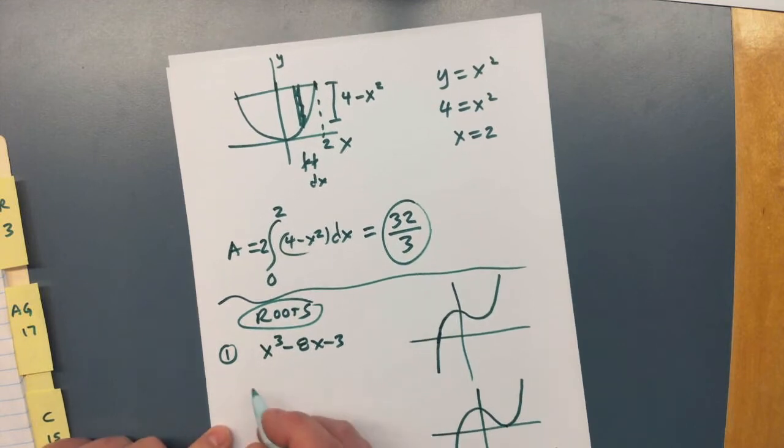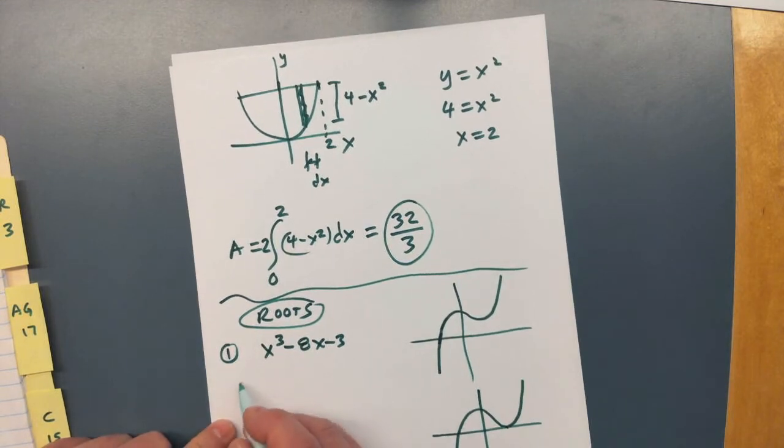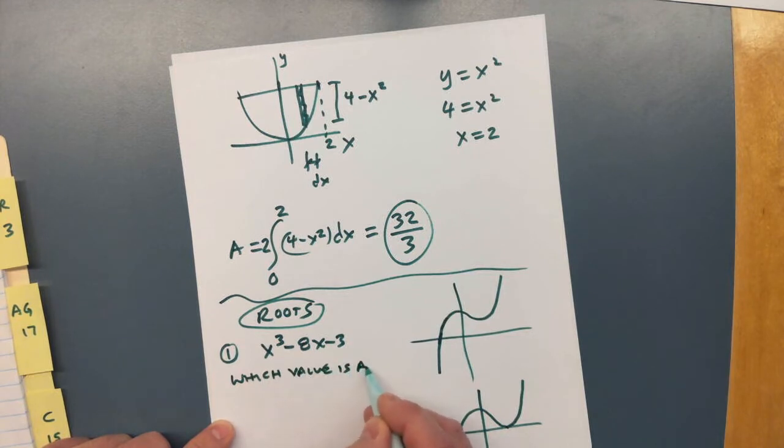And one type of question you might get is, given a function, which value is a root, and then give choices. In this particular problem, it was a multiple choice with 2, 3, 4, and 5.